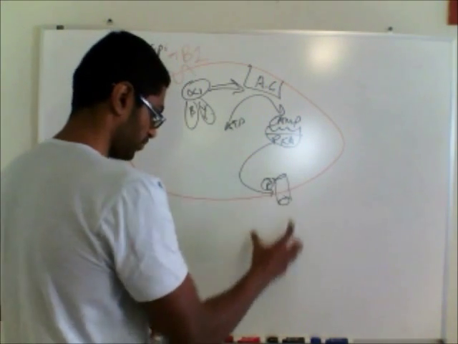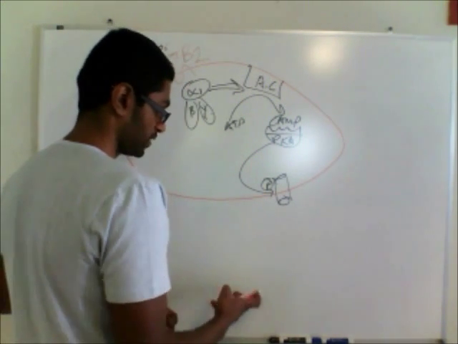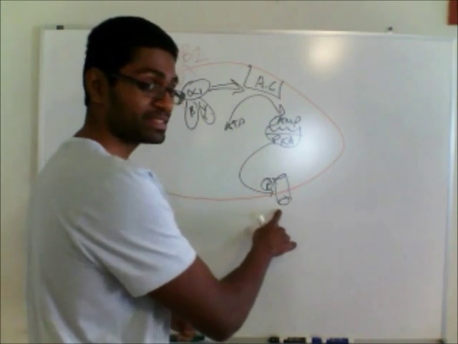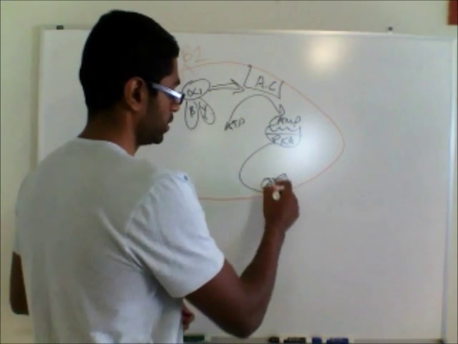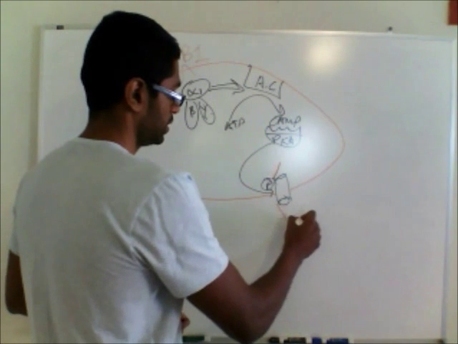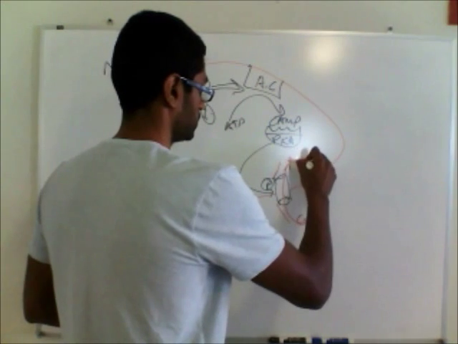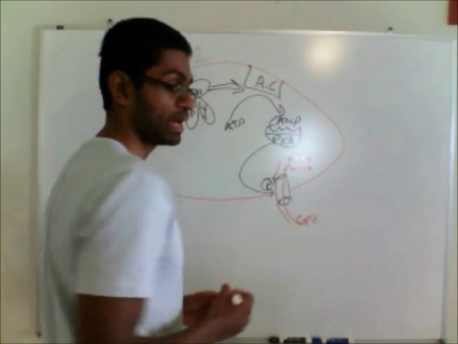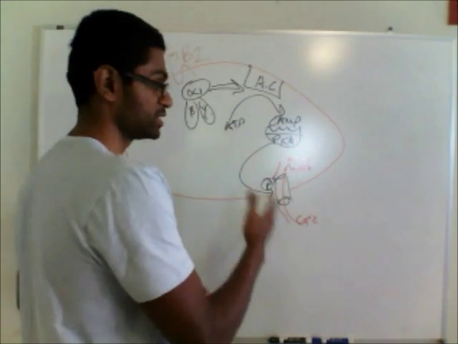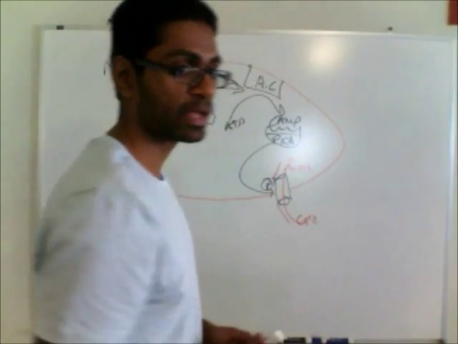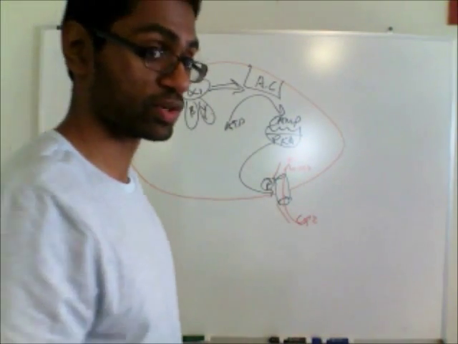Once this phosphate binds this transmembrane channel, it opens. You have calcium come in. Remember what happens? Threshold potential is reached sooner, and that's how it increases the heart rate.